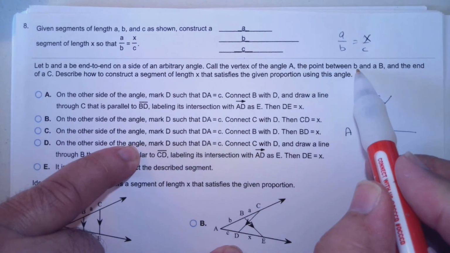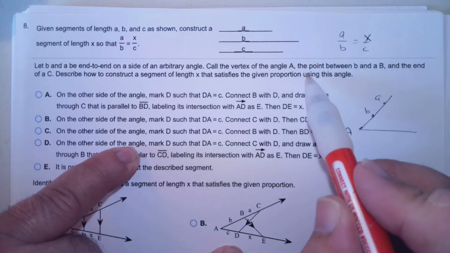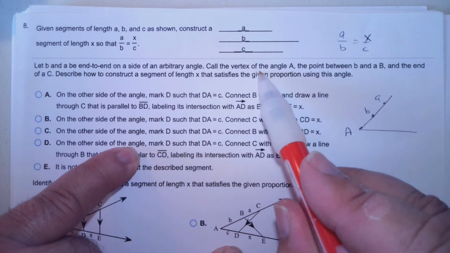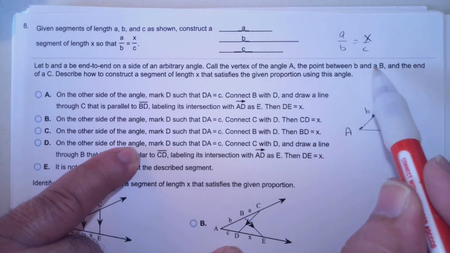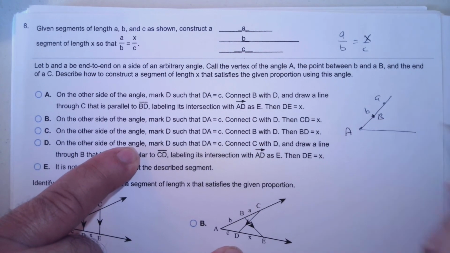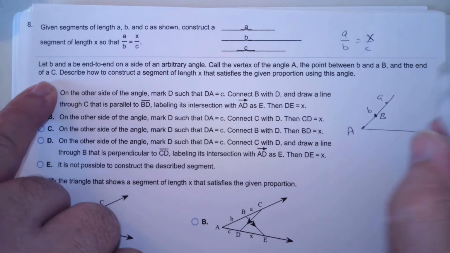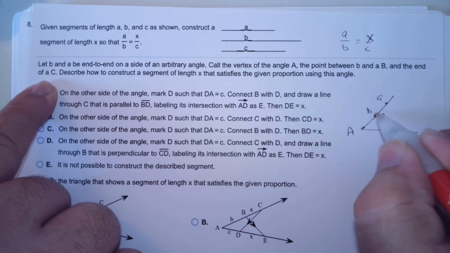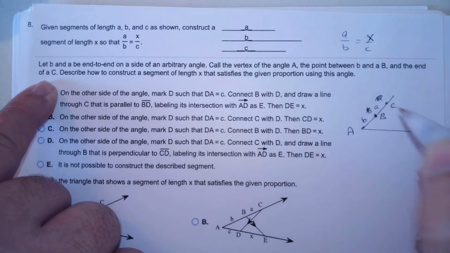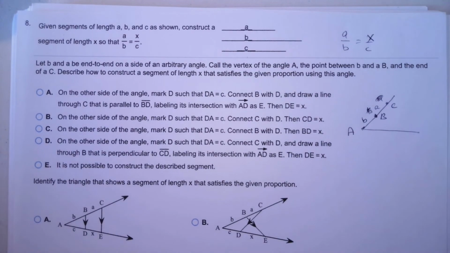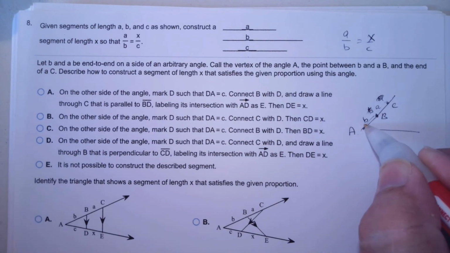The point between B and A, call that B. And the end of A, we'll call that C. So here's B, here's C. So this is length B, and this is length A. They're lengths, not points. So from here to here is B, and from here to here is A.